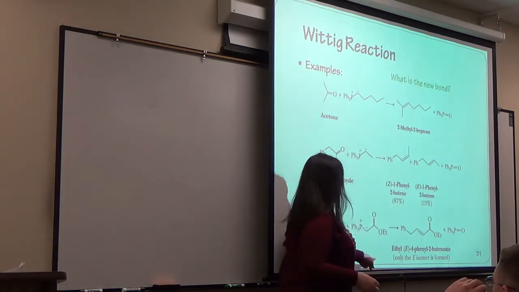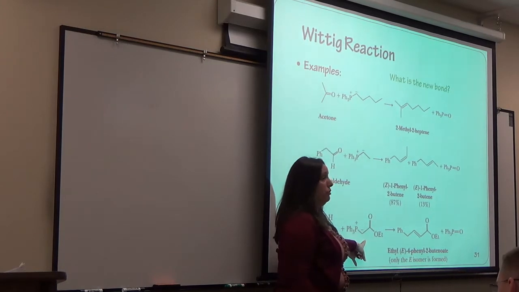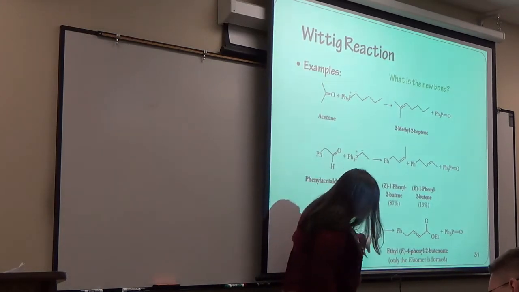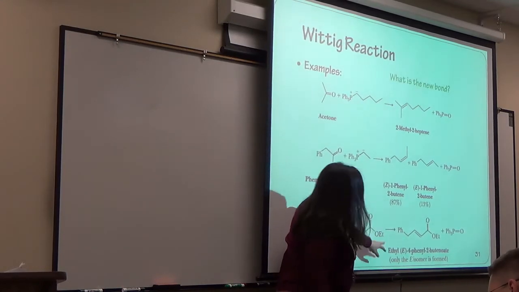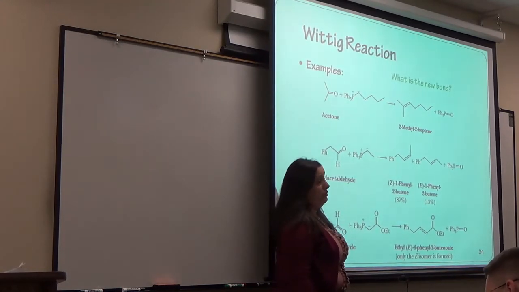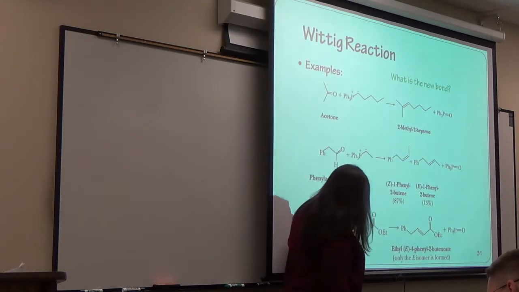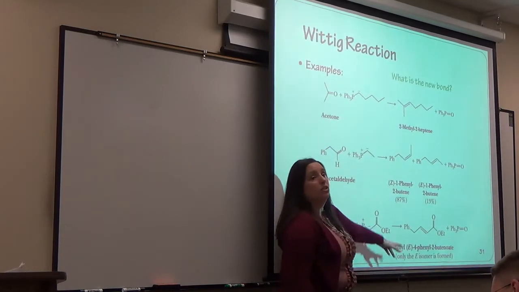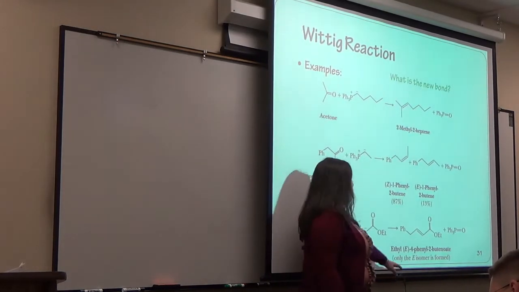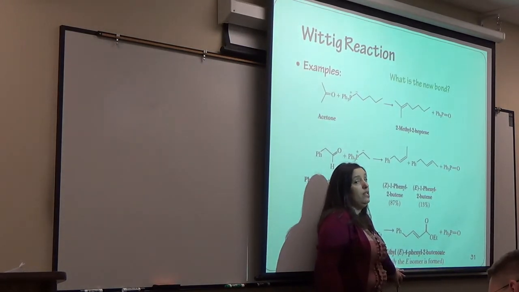So would you agree that in your ylide down here, you do have something to pull electrons away? There's a conjugated system with two very electronegative atoms. Guess where the charge is going to go? Away from the carbon. So when you have this, your product is just one of the isomers, and it happens to be E all the time.